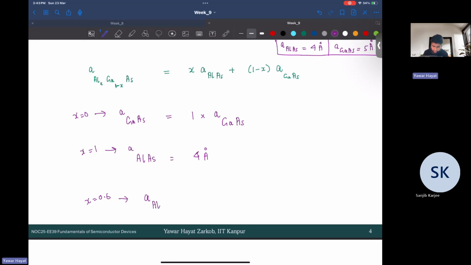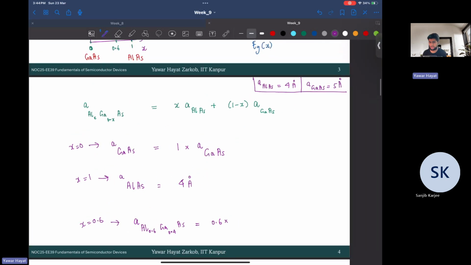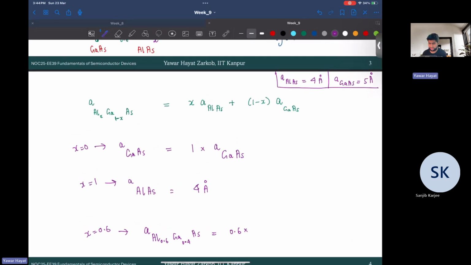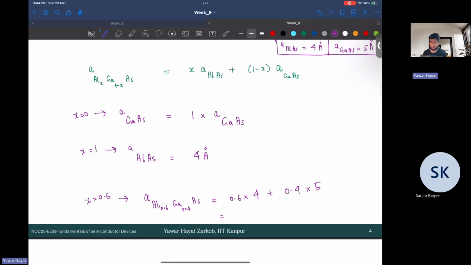It would be aluminium 0.6, gallium, 1 minus 0.6 is what? 0.4, right? So what is x? 0.6 times the lattice constant of aluminium arsenide, that is 4, plus 1 minus 0.6, which is 0.4, times 5. So what is this?